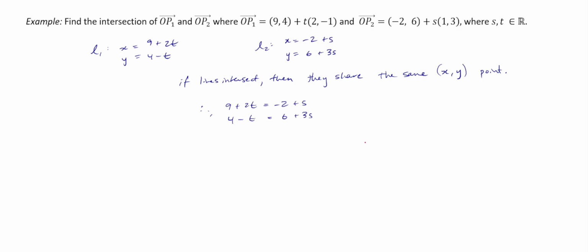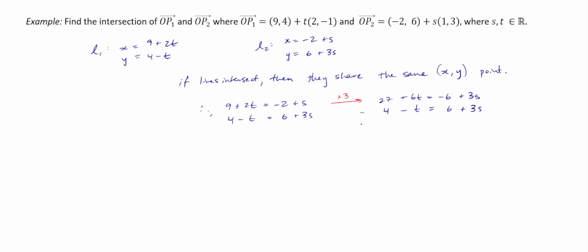I'm going to solve this using elimination. So I'm going to take the first one and multiply that by 3. Then I get 27 plus 6t is equal to -6 plus 3s. And then I'll have 4 minus t is equal to 6 plus 3s.